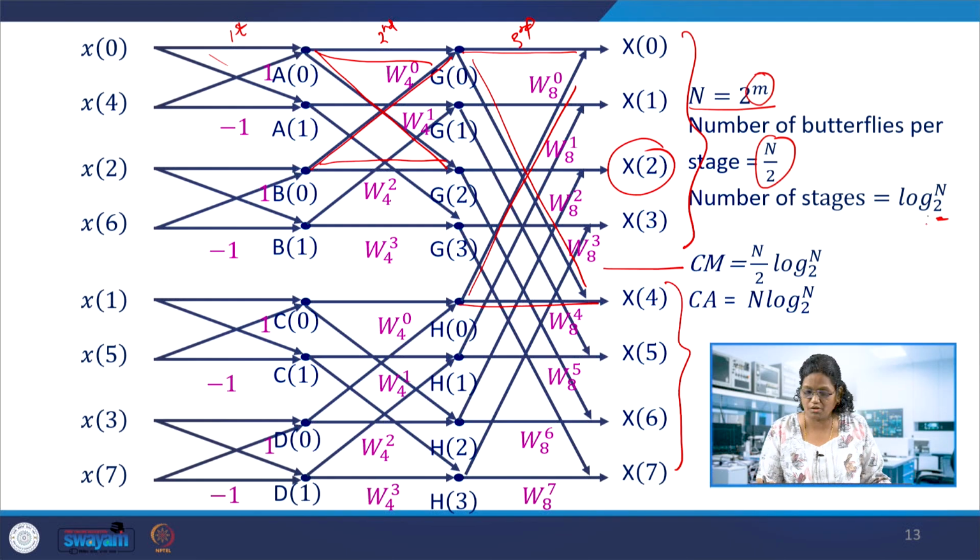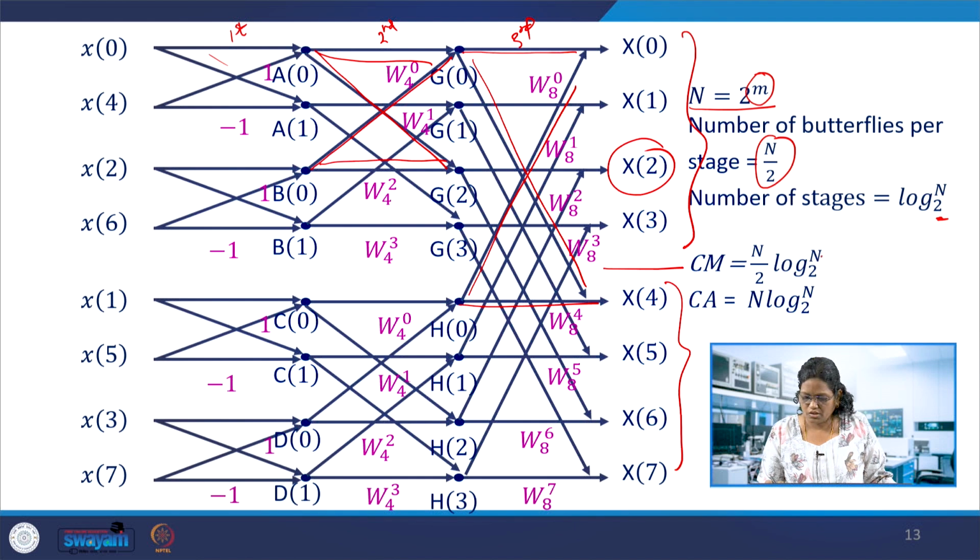So that is how the number of stages is computed, and the computational complexity is decided by the complex multiplications and complex additions. It has N by 2 log base 2 N butterflies, and each butterfly has one complex multiplication and two complex additions.